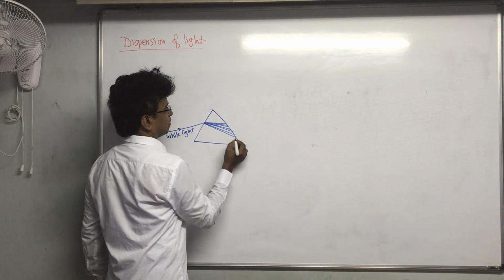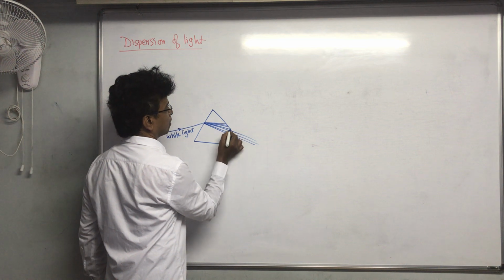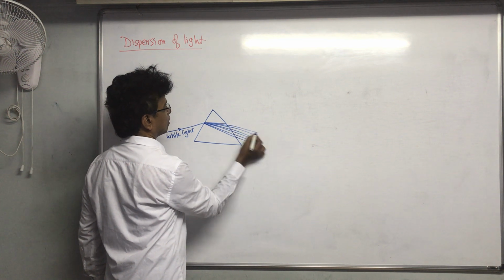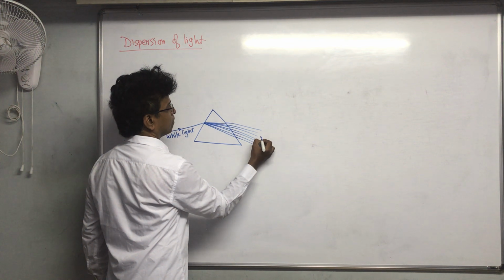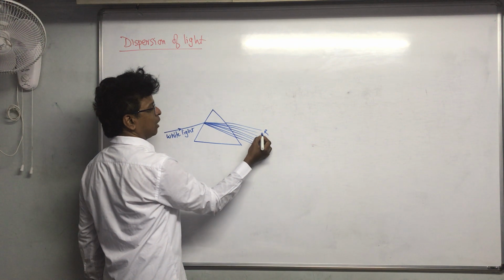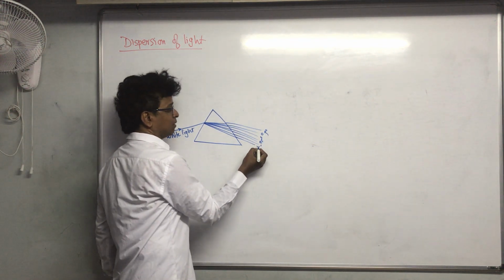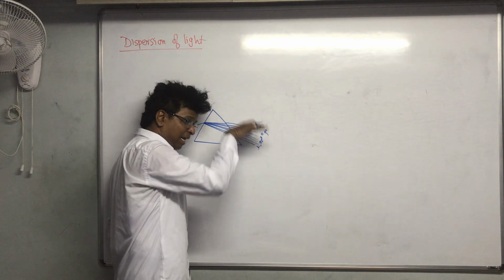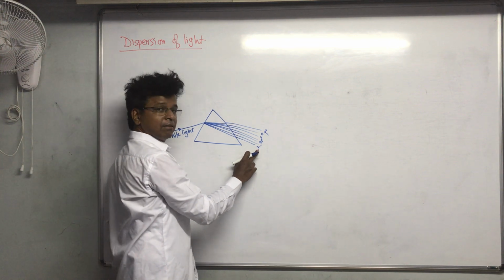They are Vibgyor. Fine. These are Vibgyor. Violet, indigo, blue, green, yellow, orange, red. And here you have to be very careful. The one which is most deviated, means it is most bent, is the violet.